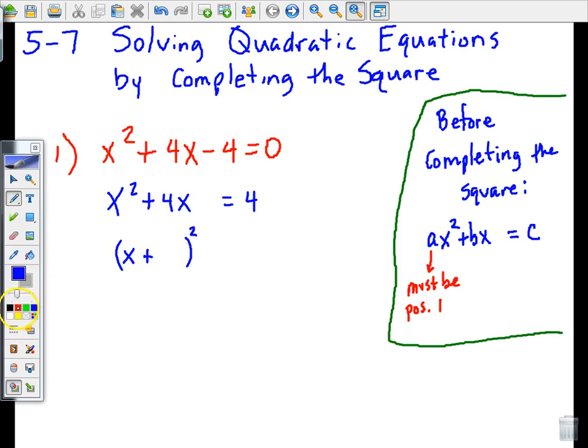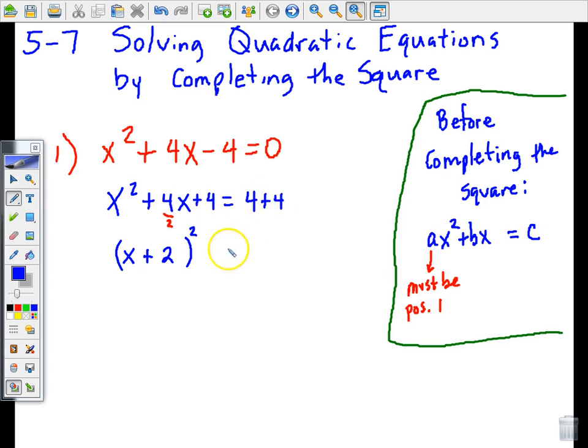And then a very important next step is whatever the linear coefficient is, I need to divide it by 2. Always dividing the linear coefficient by 2. And 4 divided by 2 is 2.